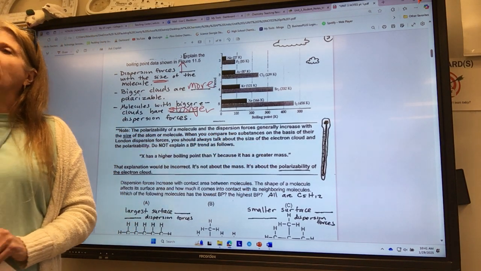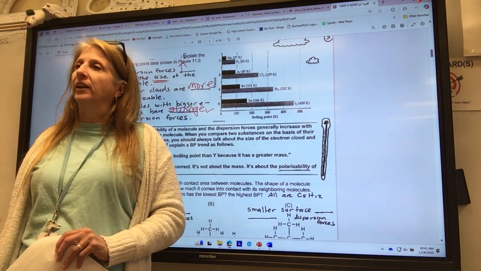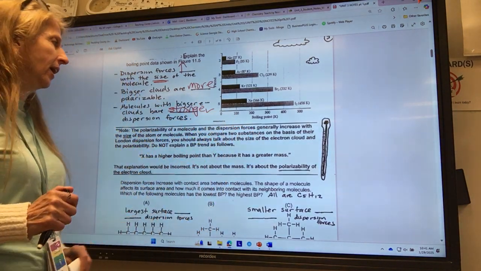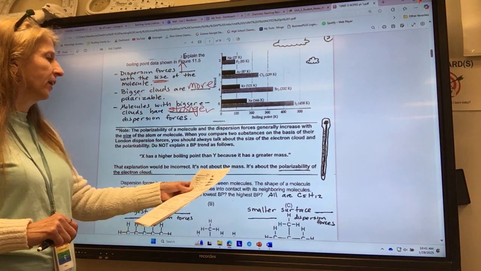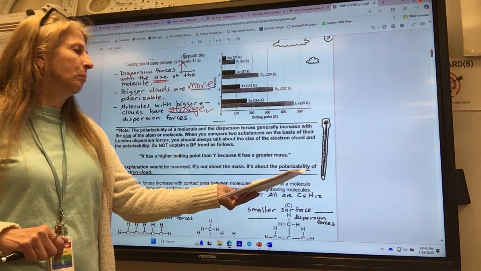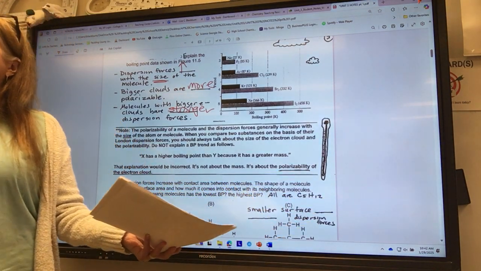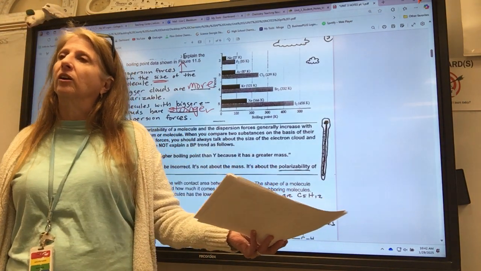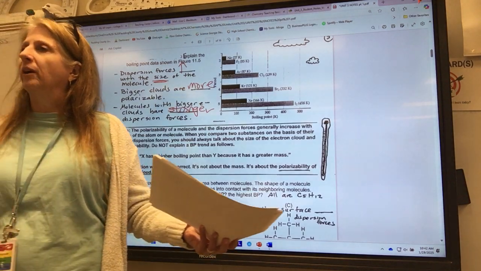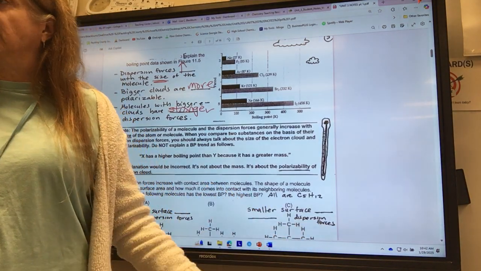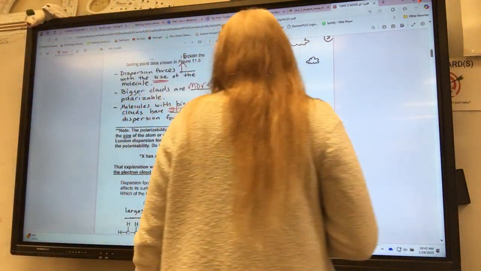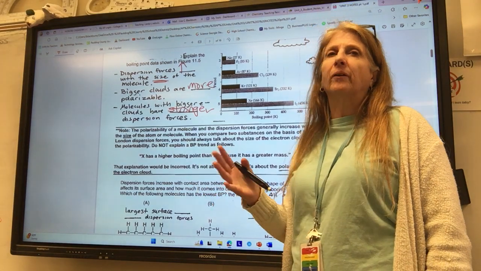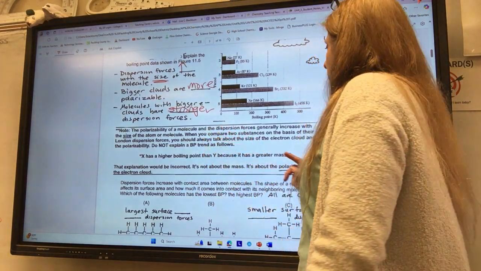No. This is how big its electron cloud is and how squishable it is, not how heavy it is. So a better thing to say is it's more polarizable, or it has a bigger electron cloud, therefore it is more affected by a temporary dipole on another molecule.